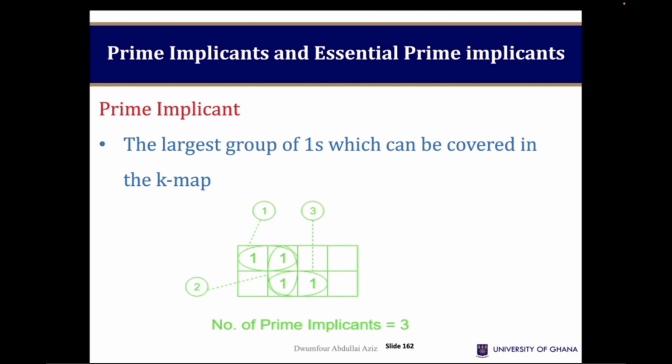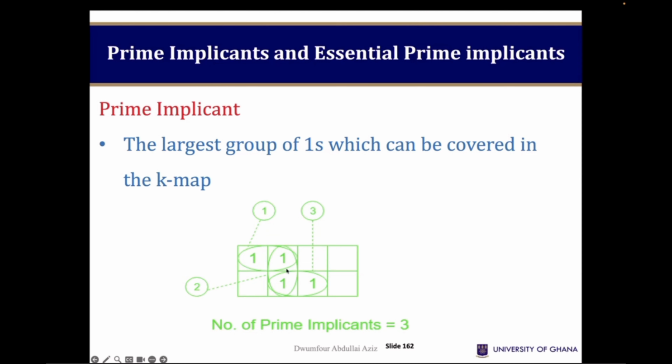When we talk about prime implicants, we are looking at the largest possible group of ones that we can have. Don't forget that in our K-map, we are always grouping ones, and based on the rules of grouping, we are supposed to group as many ones as possible. So this is important.